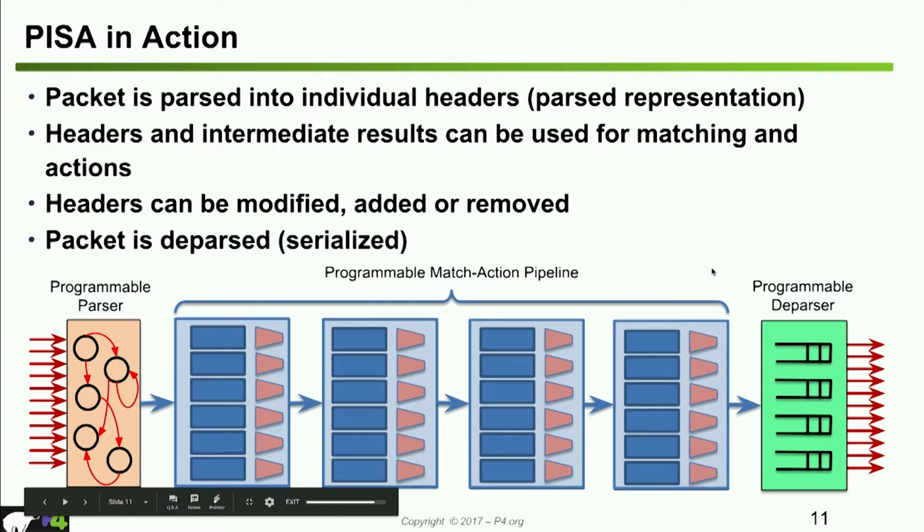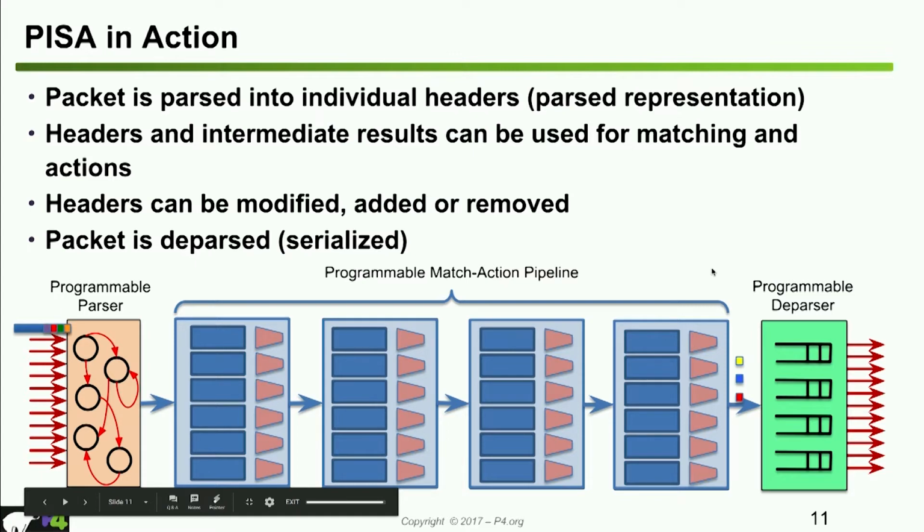The way that PISA works is quite straightforward. First, a packet will come into the programmable parser. That parser will rip the headers off of the incoming packet and expose those headers to the subsequent stages of match action processing. As the headers traverse the match action processing stages, each stage will perform, you can think of it as, a transformation of these headers.